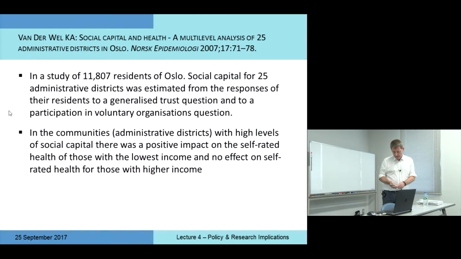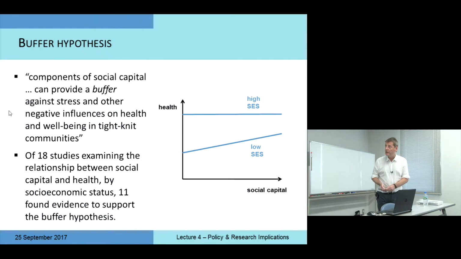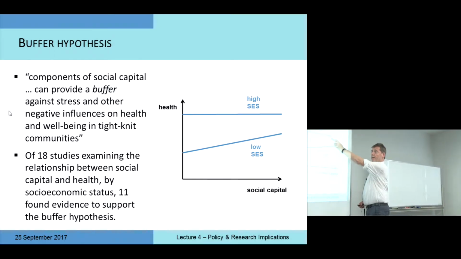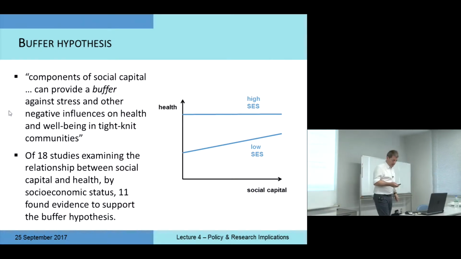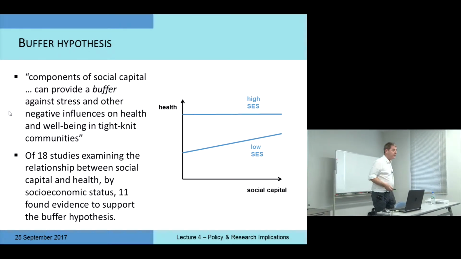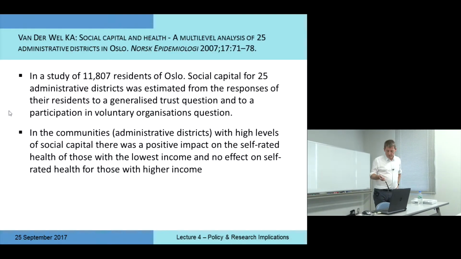So that is directly speaking to what we're just looking at here. Those with the higher income, there was no impact of social capital on health. Those with the lower income, there was a positive relationship between these measures of social capital and health. And indeed, about 11 studies came up with support for that. This just being one example.